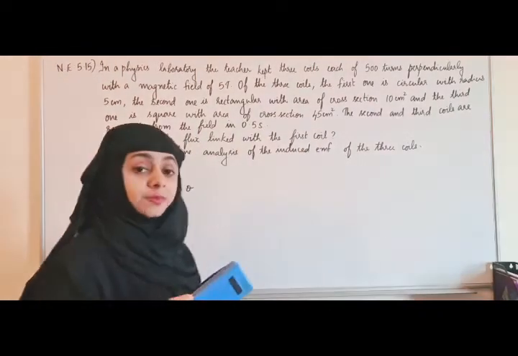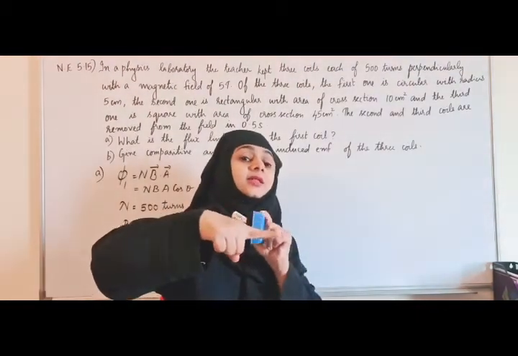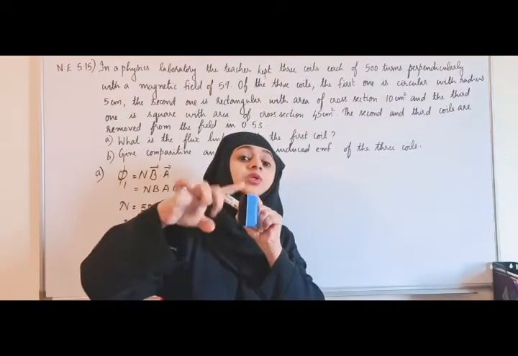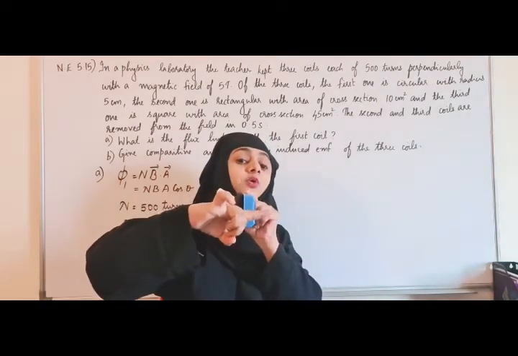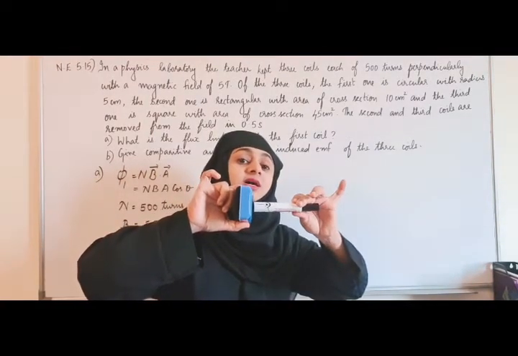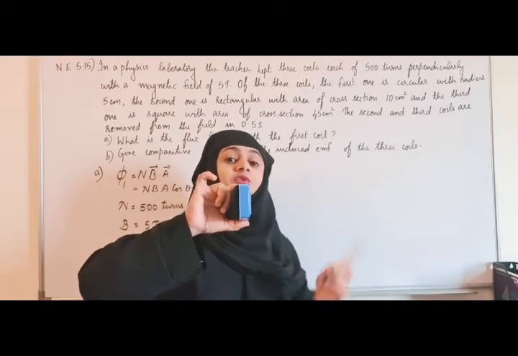So if this is the plane and the magnetic field is in this direction, the plane is kept perpendicular to the magnetic field. When you take the area vector, its direction is also perpendicular to the plane of the coil.